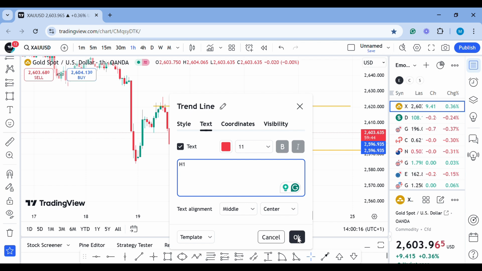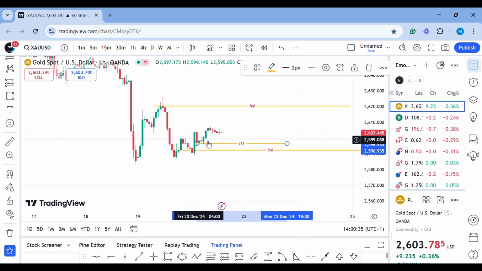So whenever you take a trade from a 1 hour zone, your target should be on the 1 hour zone, the next 1 hour zone. And whenever you take a trade from a 4 hour zone, your target should be the next 4 hours zone. Okay, so there it is.